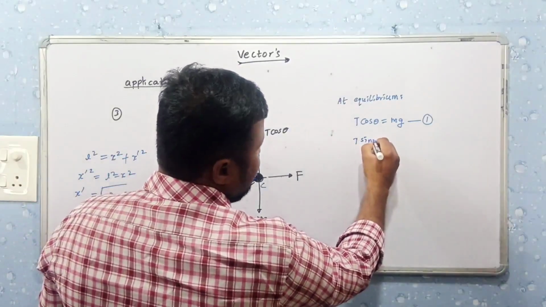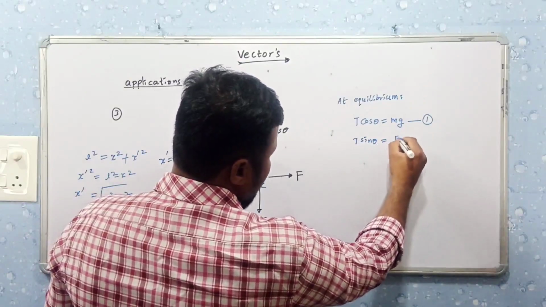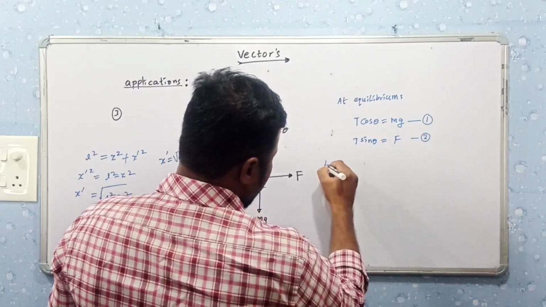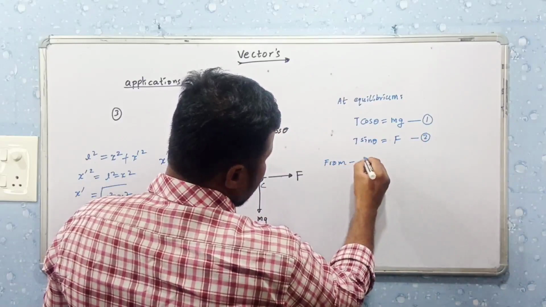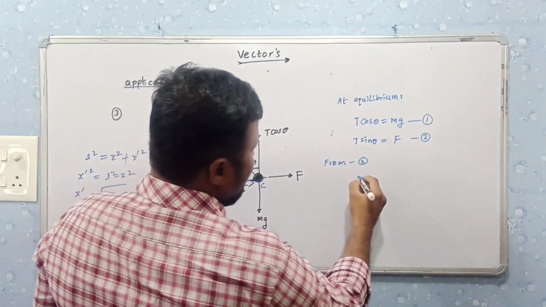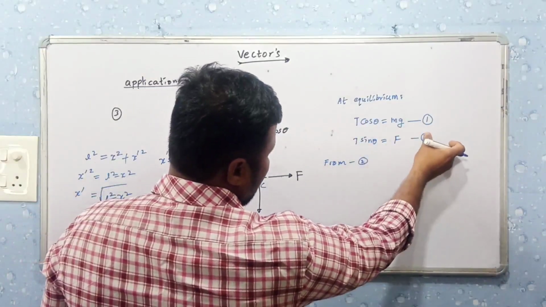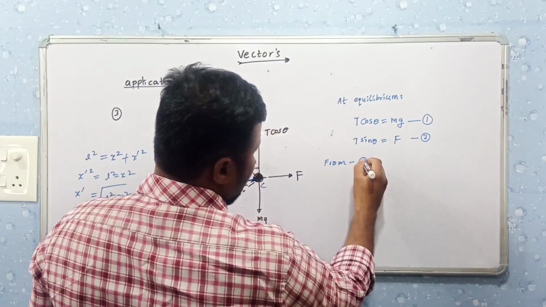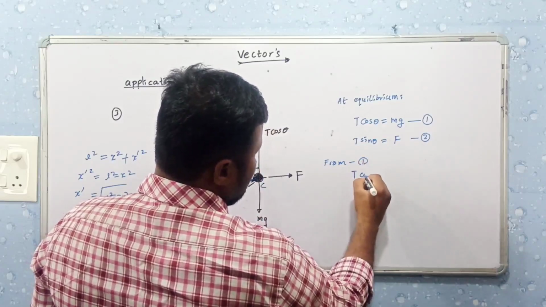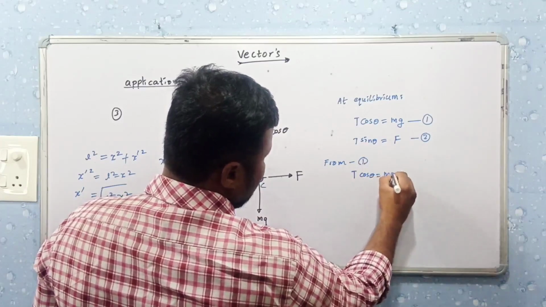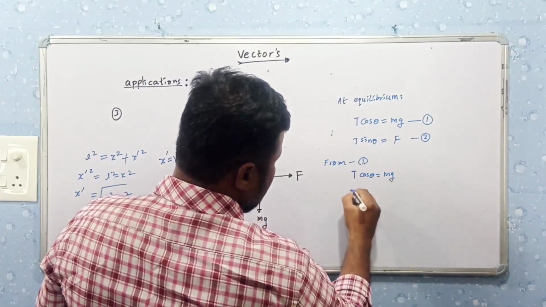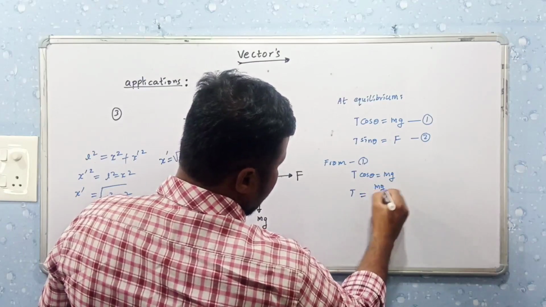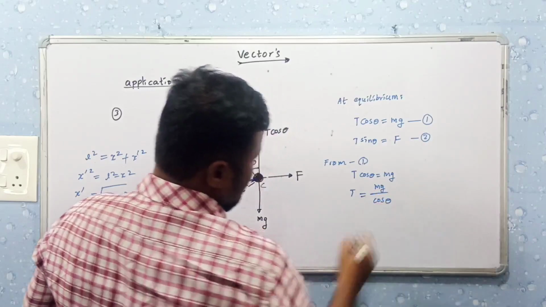T sin theta is equal to F, equation number 2. Now from equation number 1, can I write T cos theta is equal to mg? In other words, T is equal to mg divided by cos theta.